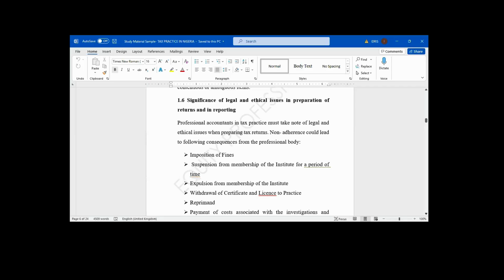Mute your audio. So, expulsion. Or one of the members, while rendering tax service or while doing audit, went to the client's office and stole an iPhone 17 Pro Max, iPhone 18 Pro Max, the iPhone of the client. One of the members was caught. So why will an accountant steal? For you to be a professional accountant, you have qualified. God has made it for you. To me, this accounting profession is one of the lucrative professions.